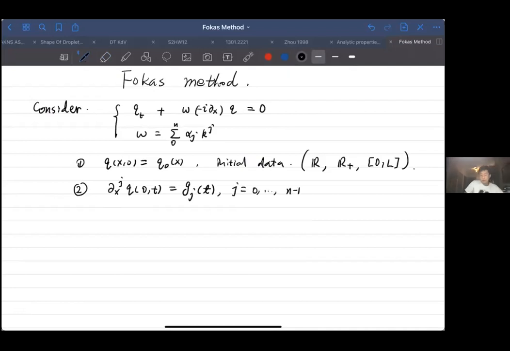So you can pose all the way up to the n-1 derivative. Here we have the nth degree, so we can pose the boundary values all the way to the n-1 derivative. This case is for the whole real line. If it's not the whole real line, you can pose more boundary conditions because you have more boundary.